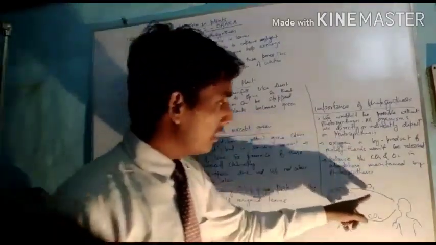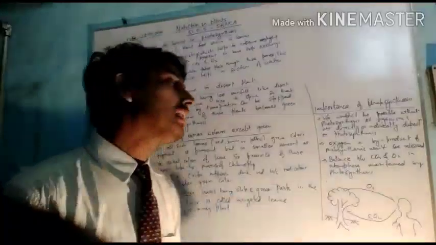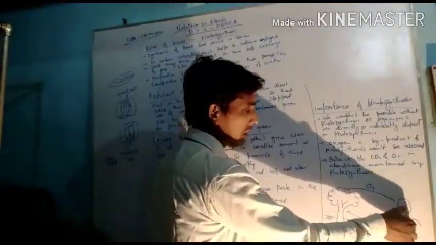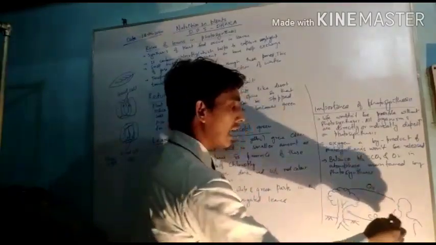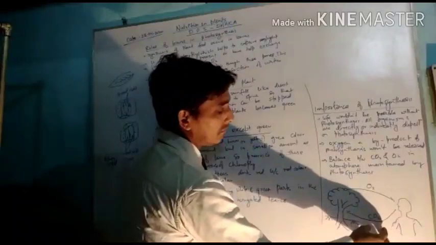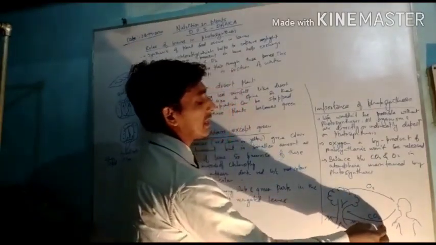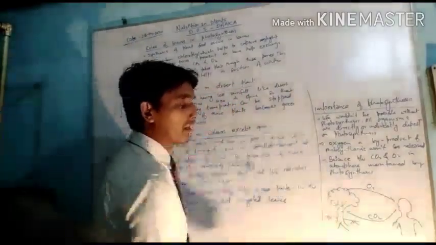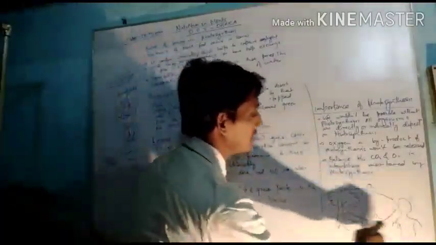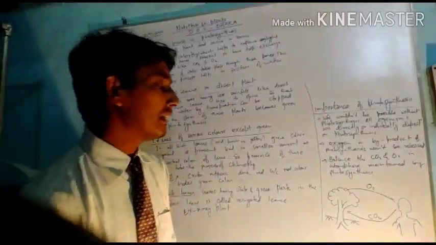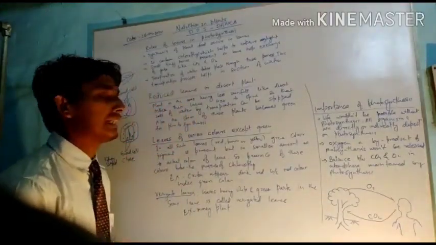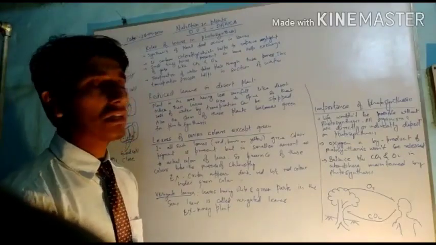We human beings or any other animal inhale oxygen, and respiration occurs in their body, and they get energy, and in return they release carbon dioxide in the atmosphere, and simultaneously this carbon dioxide is taken in by the plant for photosynthesis. So the cycle of oxygen and carbon dioxide in the atmosphere takes place, and that is how the balance of oxygen and carbon dioxide is maintained by the process of photosynthesis.